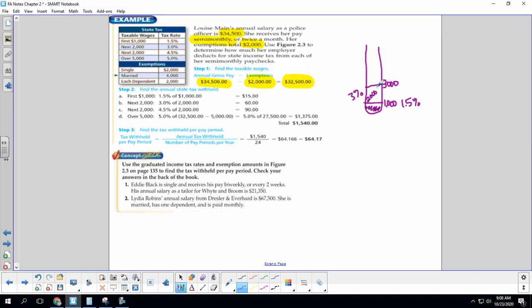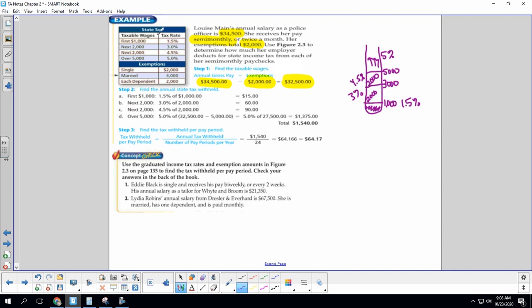So now we've made $3,000. On the next $2,000 you make, so now we're up to 5,000, we're at 4.5%. And anything over 5,000 is going to be 5%. So we're kind of filling in this little thermometer.